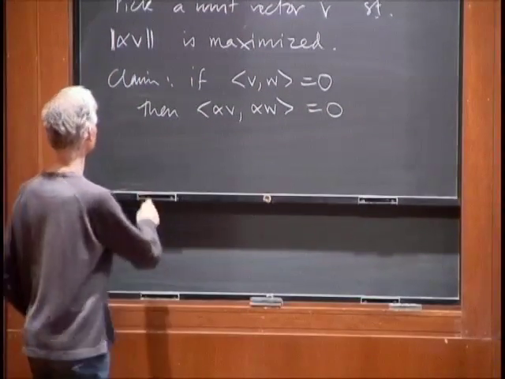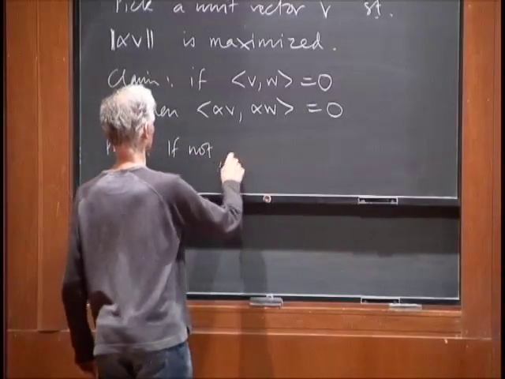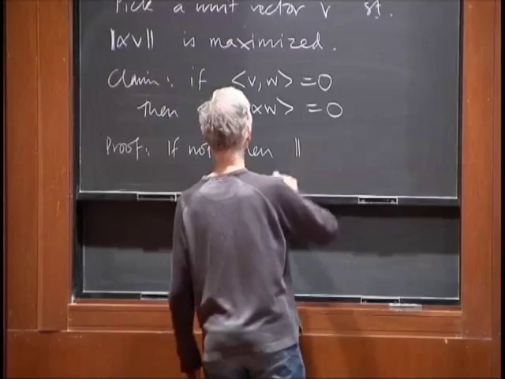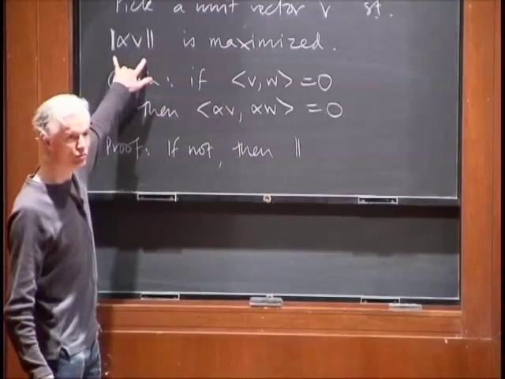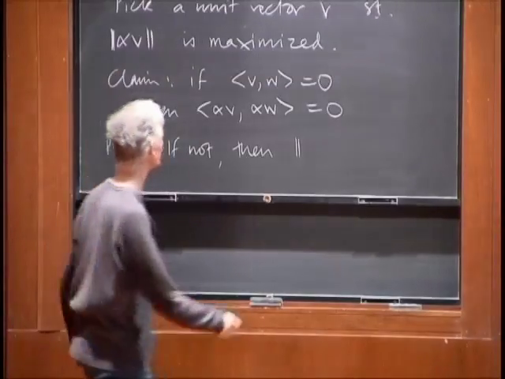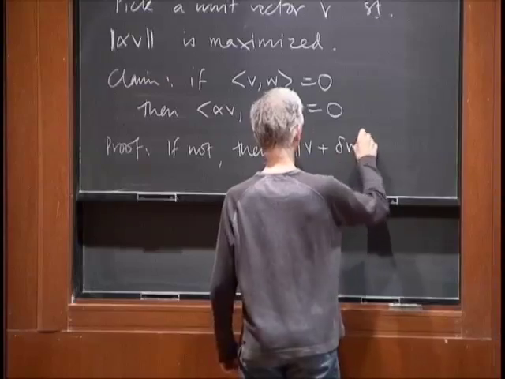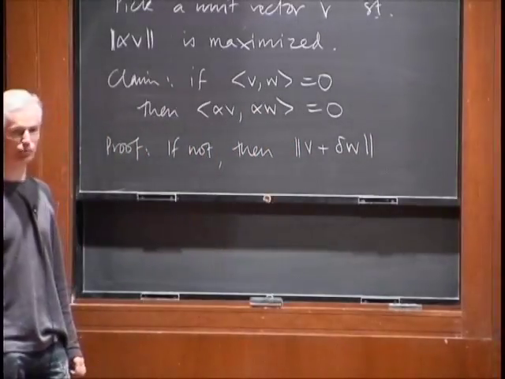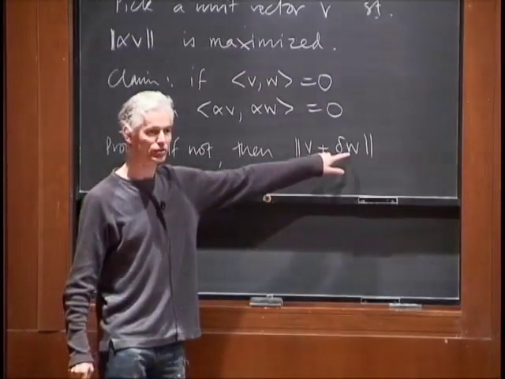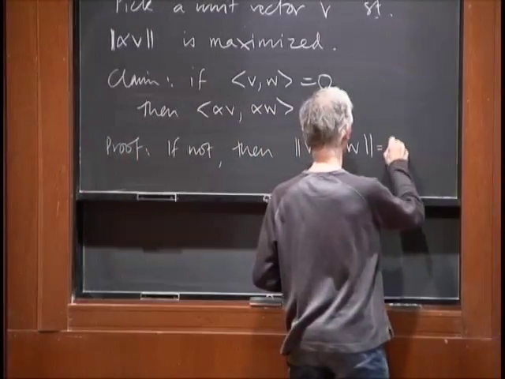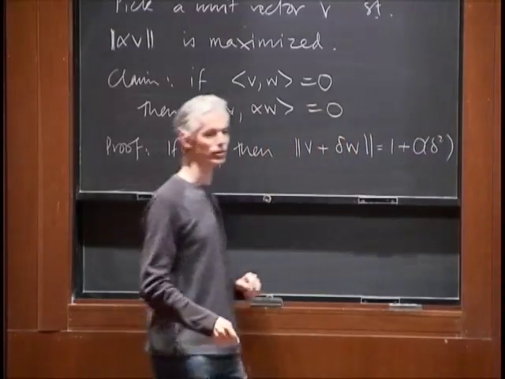And the reason is that if not, we can build another unit vector where the norm is bigger. We just look at v plus delta w for some very small delta. If w is perpendicular to v, then the norm of v plus delta w is 1, because v was a unit vector, plus big O of delta squared.